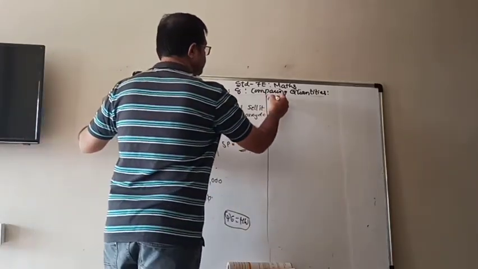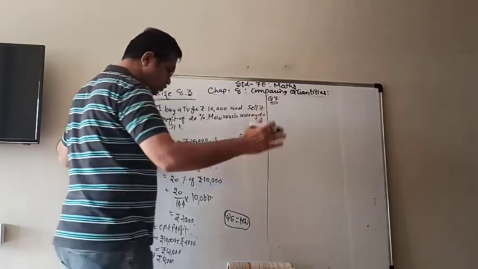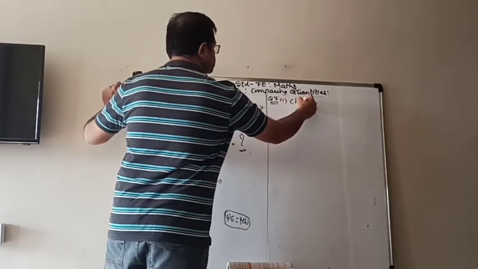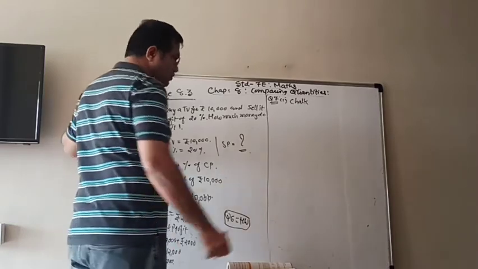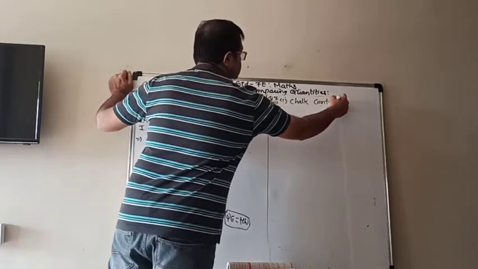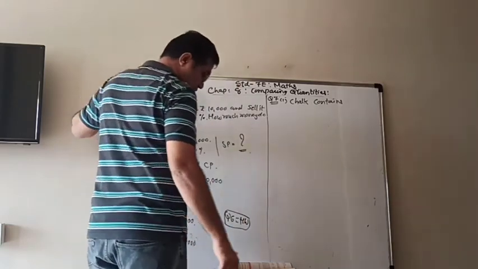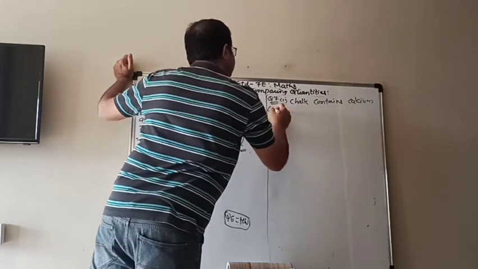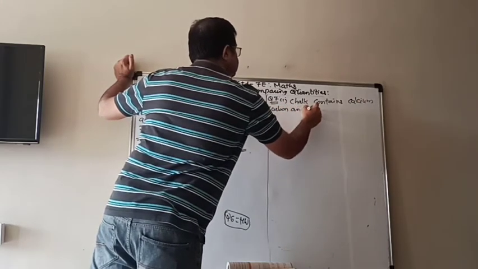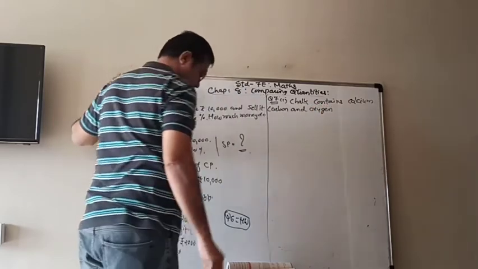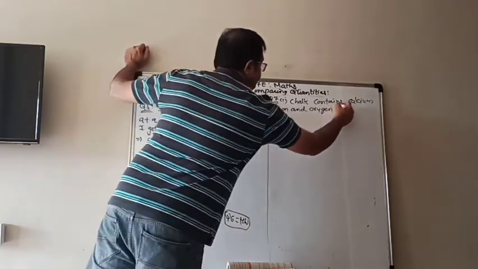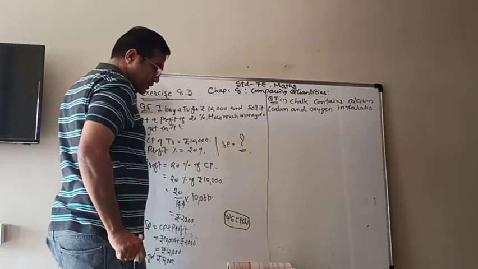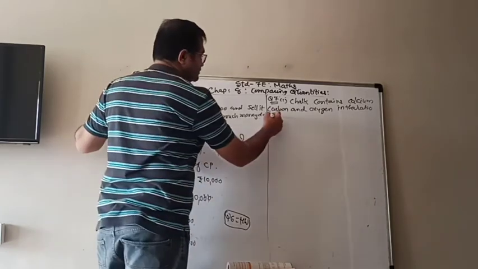Now in question 7, there are two parts. First one: chalk contains calcium, carbon and oxygen in the ratio 10:3:12.